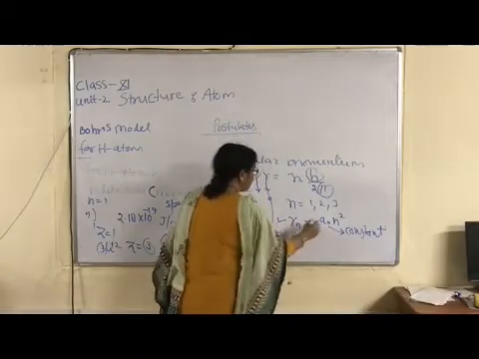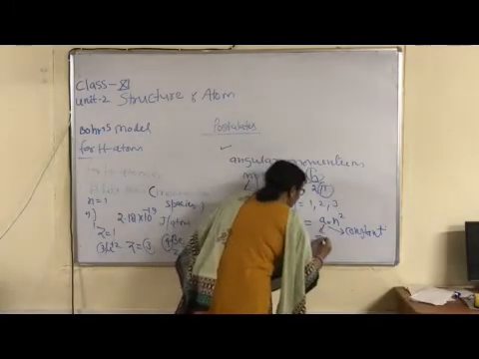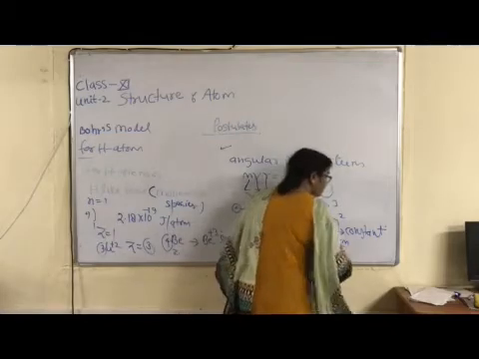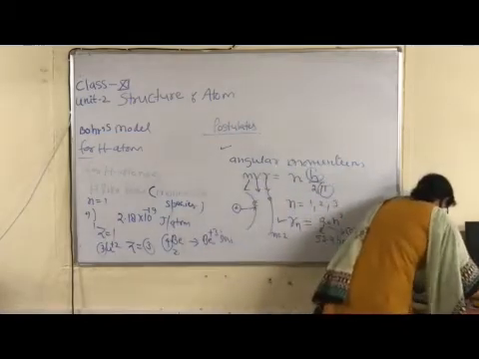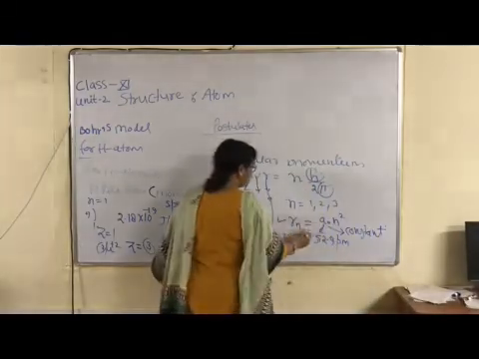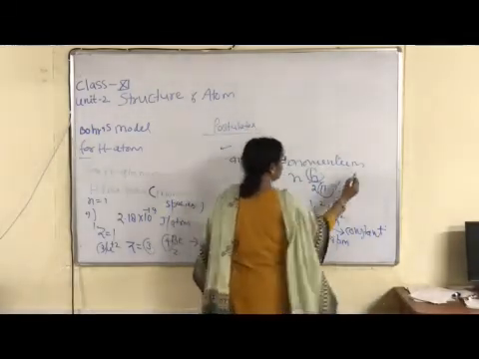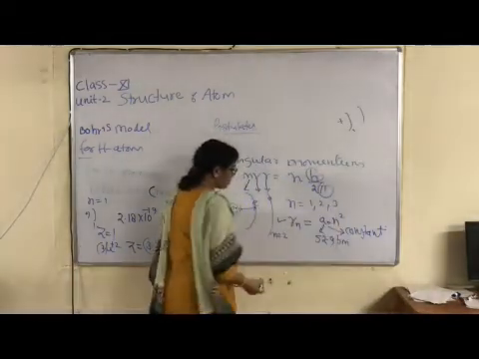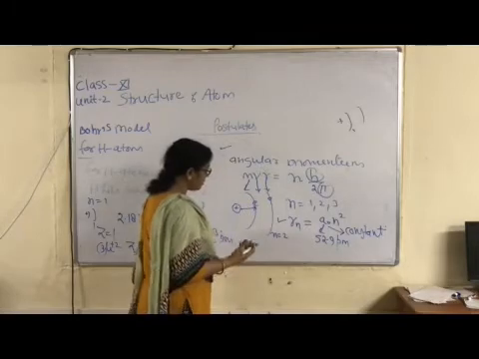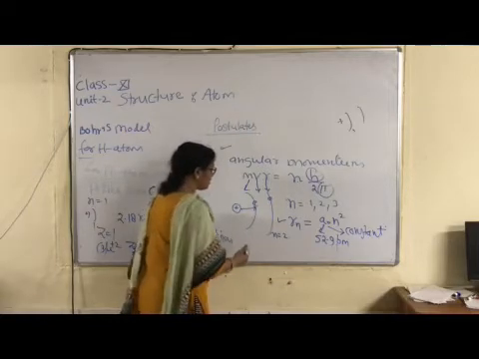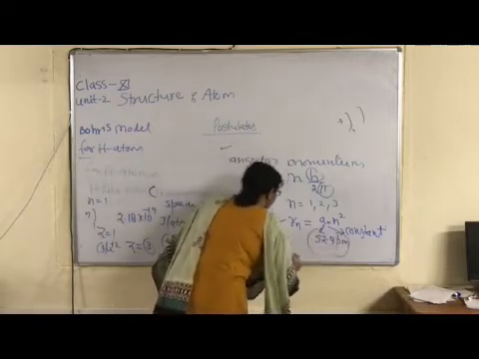For the hydrogen atom, its value is 52.9 picometer. And for hydrogen, n is equal to 1. Then what is obtained? Rn, the radius of the hydrogen atom, is equal to 52.9 picometer.